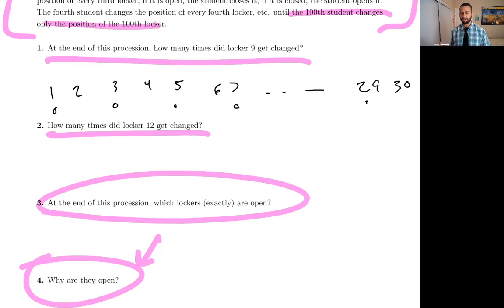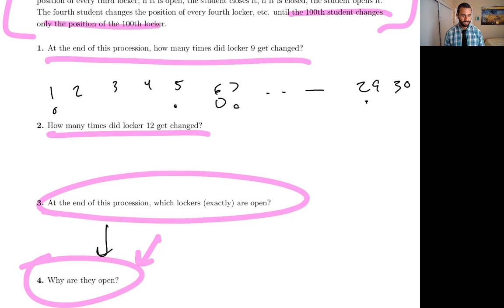And the third student's going to come by and touch every third locker, but leave everything else alone. So they're going to come by and close that locker, and they're going to open locker 6, and so on and so on. And if you do that for the first 30 students, you should be able to see the pattern. But try to figure out what the pattern is and tell me why they're open.